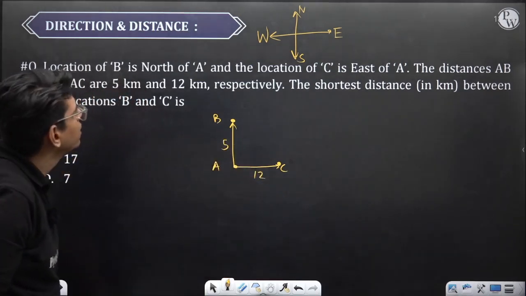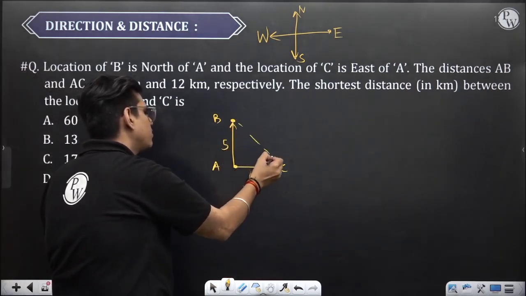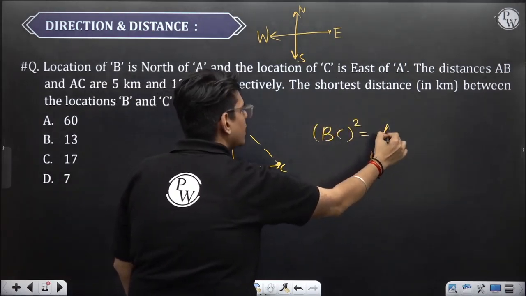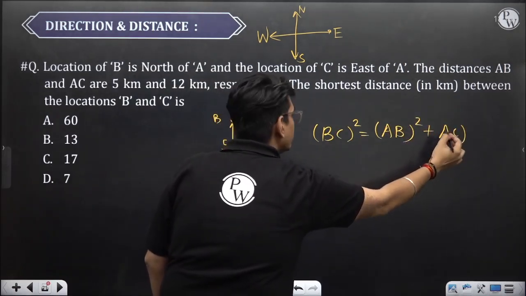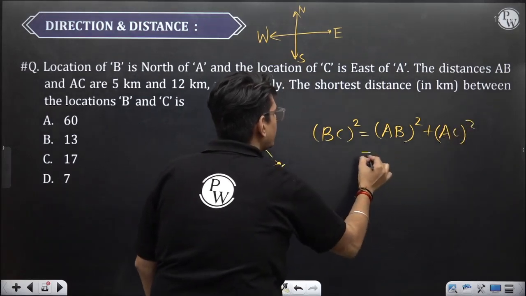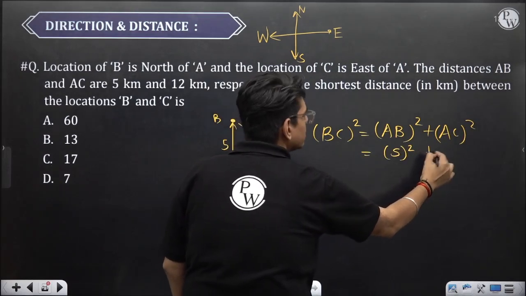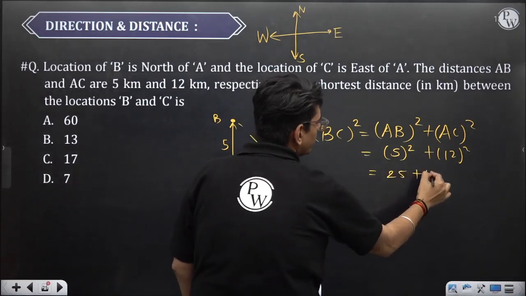These are given. The shortest distance between B and C is, this is simple Pythagoras theorem. So BC square is nothing but AB square plus AC square. We have done this question before, right? So this is nothing but 5 square plus 12 square. This is 25 plus 144.